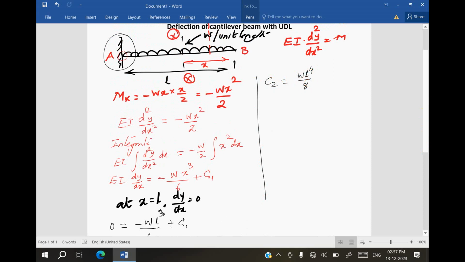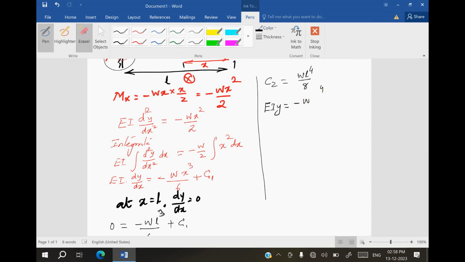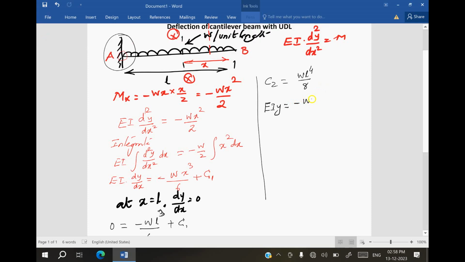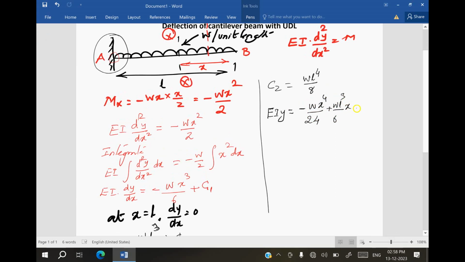Use this value in your equation. You will have EI into Y is equal to minus W x to the power of 4 by 24 plus WL cube by 6 into x, and then you have minus WL to the power of 4 by 8.